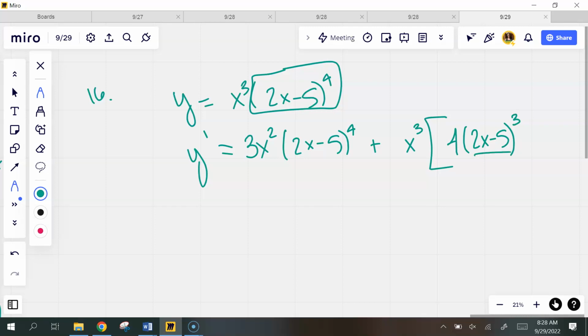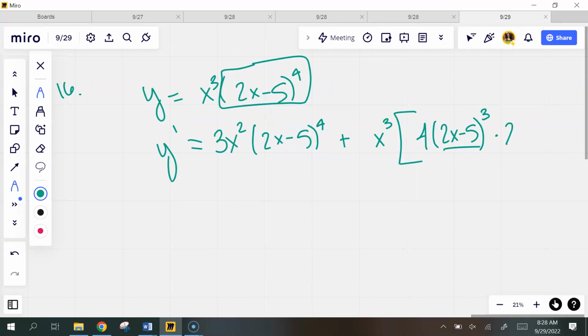Now times derivative of the inside, which is 2. So remember, this is derivative of the first times the second plus the first times derivative of the second. And so here's my first and my second.